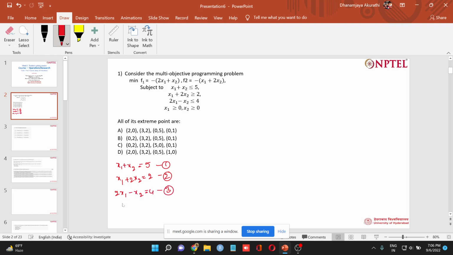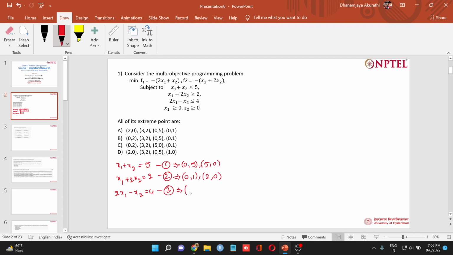Third. Next thing, we have to find out the x1 and x2 points from each equation. For the first, considering x1 is equal to 0, then x2 value is 5. And for the second case, just consider x2 as 0, then x1 is 5. In a similar way, for the second equation, x1 equal to 0, then x2 is equal to 1, and x2 equal to 0, then x1 is 2.